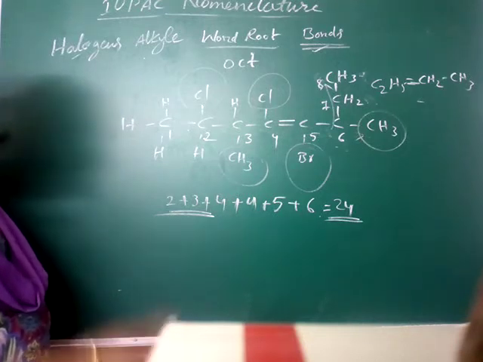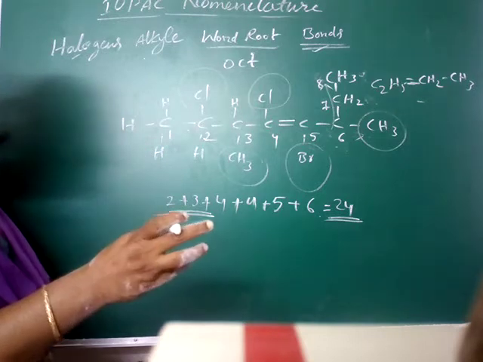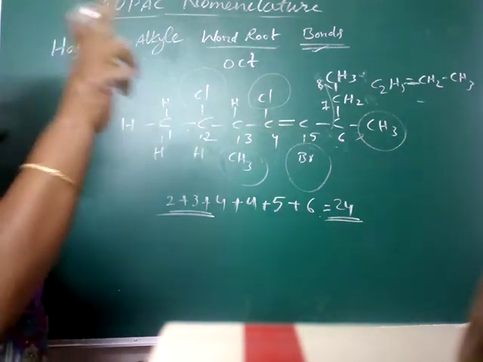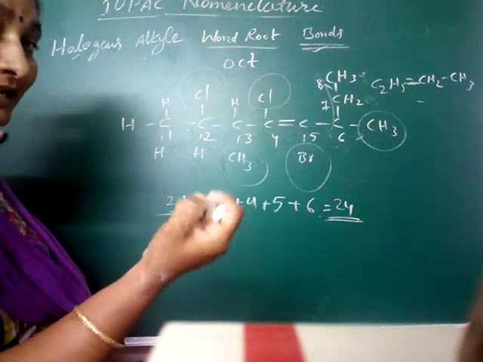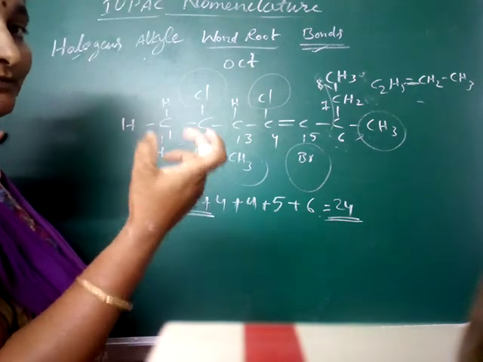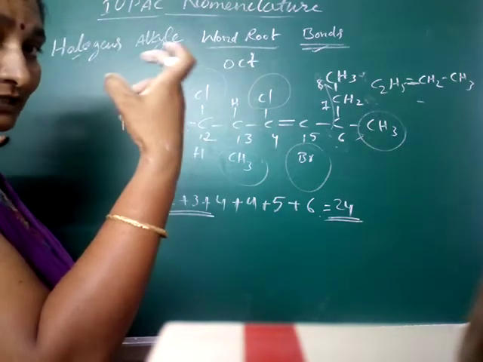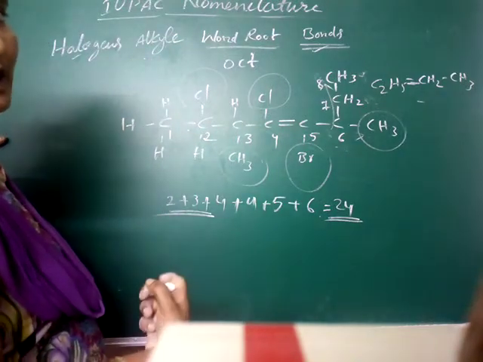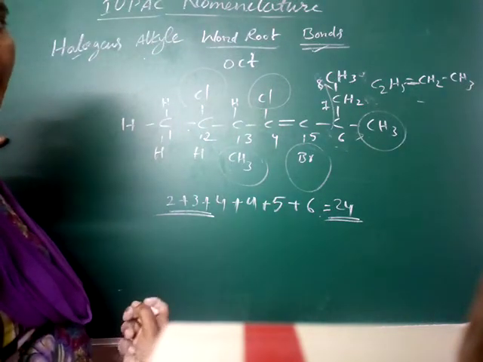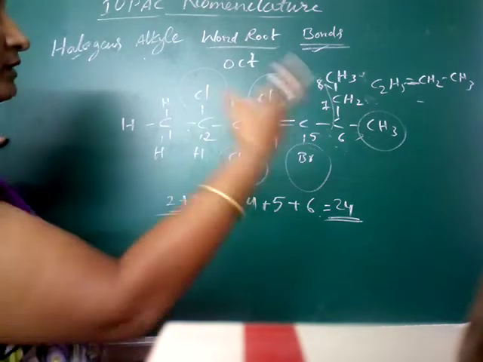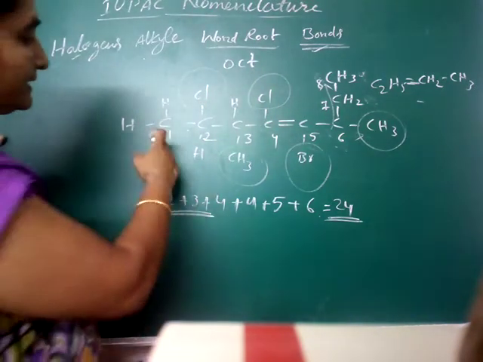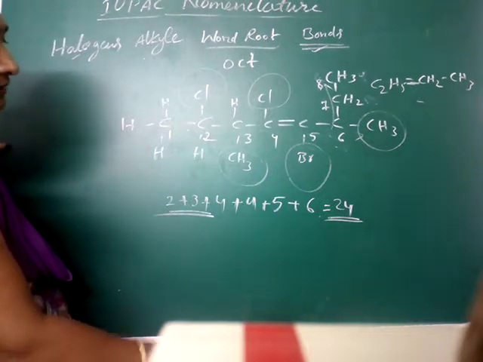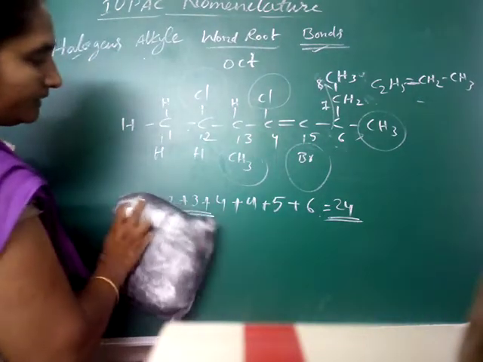That means where the branches are present, you have to add the carbon numbers. Whichever gives the smallest sum of the carbon numbering, that one you have to take as the word root. This is the word root for us in this carbon compound. Do you understand, Meera?